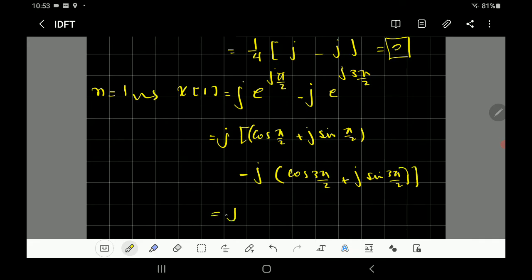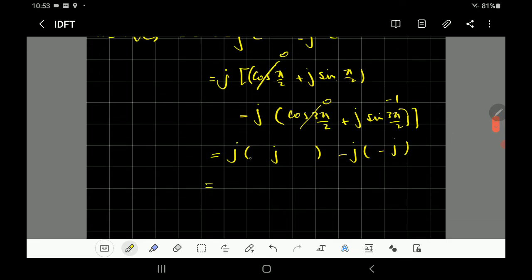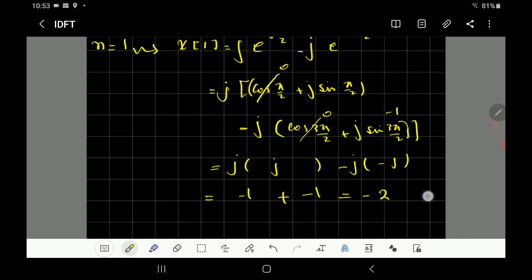Cosine pi over 2 is equal to 0 and sine is equal to 1, so it will be j times j. Cosine 3 pi over 2 is equal to 0 and sine is equal to minus 1, so it will be minus j times minus j. When we do that, j times j is equal to minus 1, and minus times minus j times j gives another minus 1, so it will be equal to minus 2.